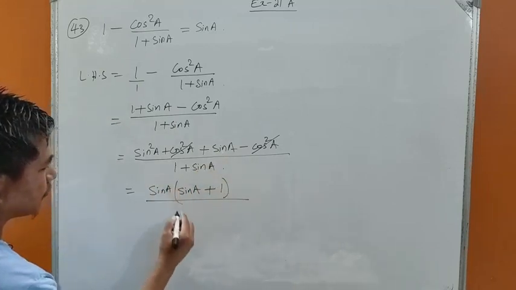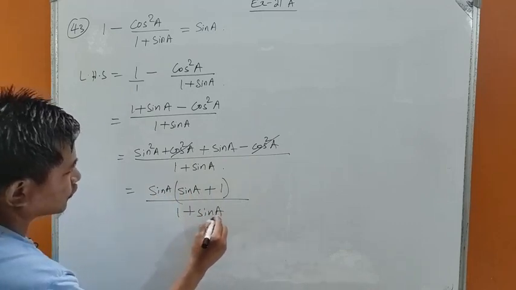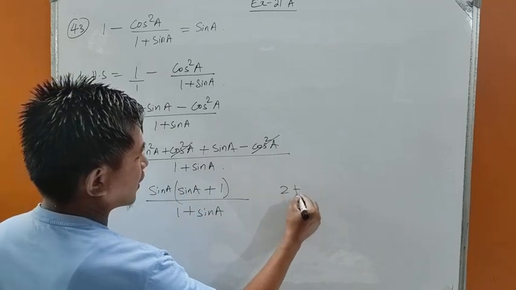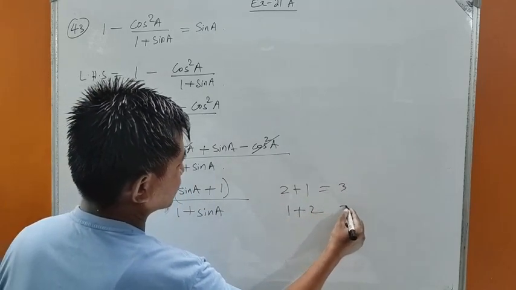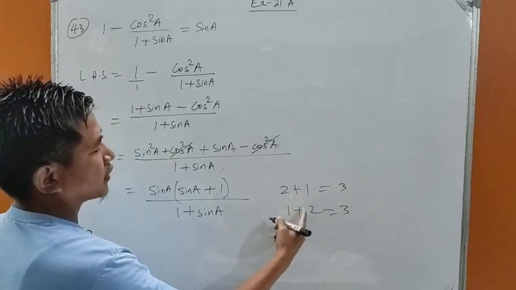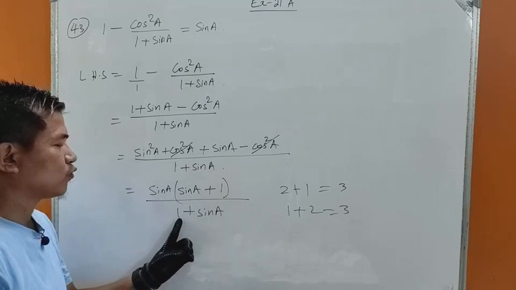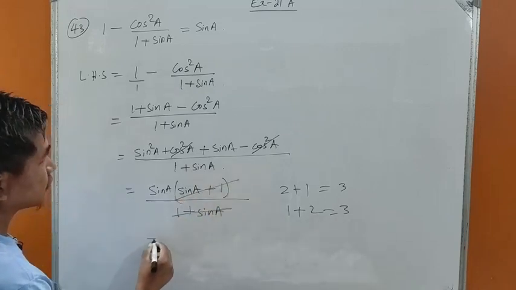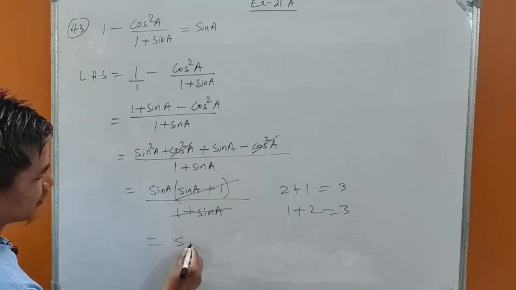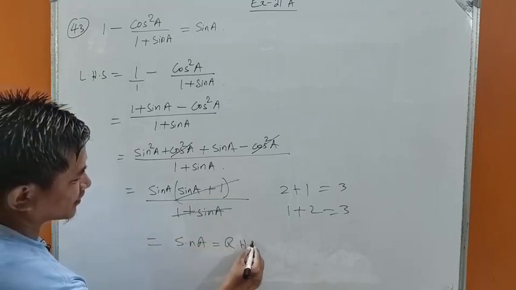So in the denominator we have 1 plus sin A, isn't it? Either you write 2 plus 1 or 1 plus 2, both of them give the same result, that is 3, isn't it? So therefore sin A plus 1 and 1 plus sin A, same thing. So we can cancel this. This gives us sin A. Hence proved, equals RHS, isn't it?